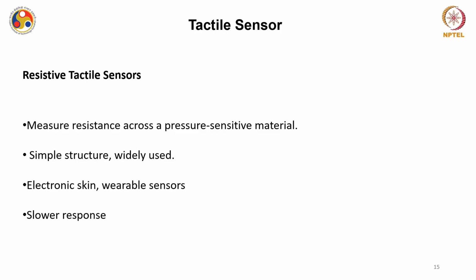Let's take an example of, say, a resistive tactile sensor. In the resistive tactile sensor, the device actually measures the resistance across a pressure sensitive material. So the material itself is bending, and you are actually not using the piezo phenomenon here. The material is bending, and because of this you are creating some kind of resistance change.